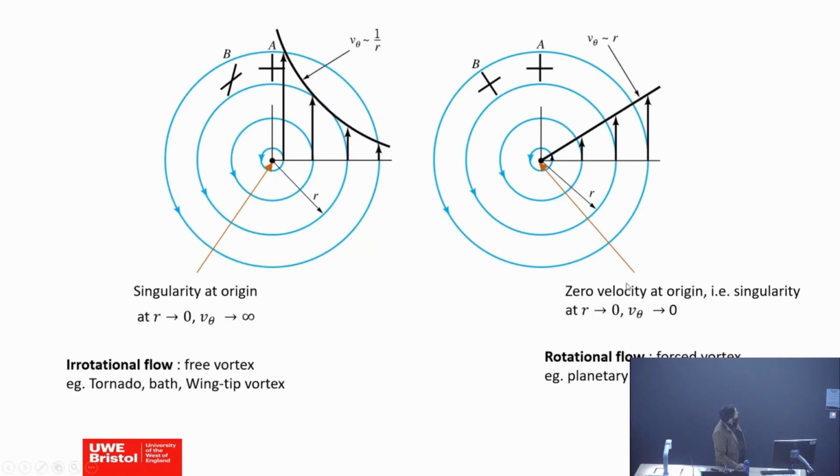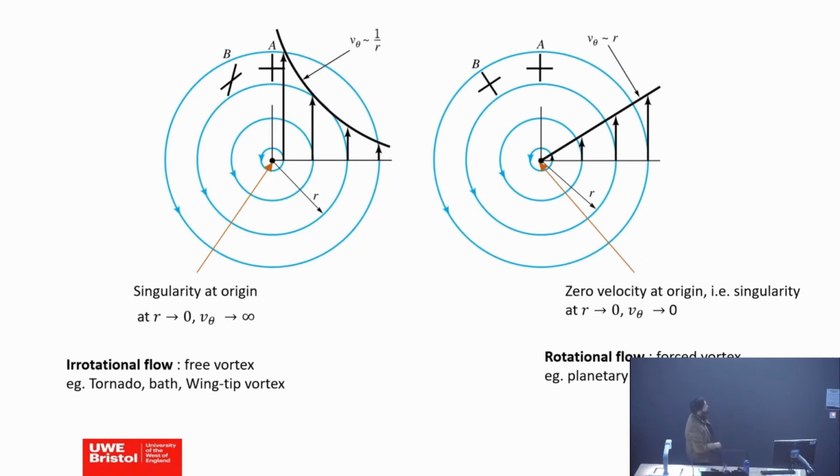In the forced vortex flow, the only difference is that v theta is linear in r, more specifically omega times r. As r goes to 0, the speed itself becomes 0. That's also a singularity, because a singularity is either 0 or infinity. An example of a forced vortex is the atmosphere itself, the mass of the atmosphere as it rotates around.